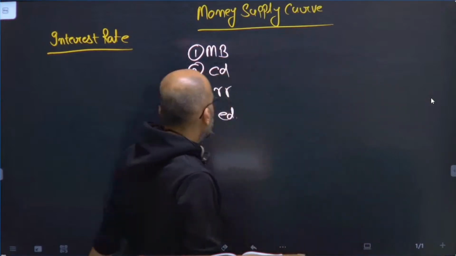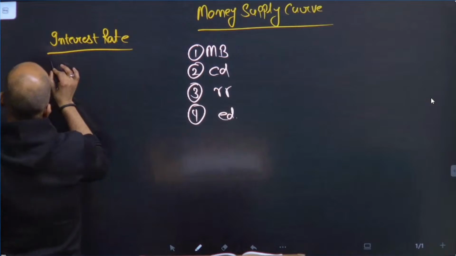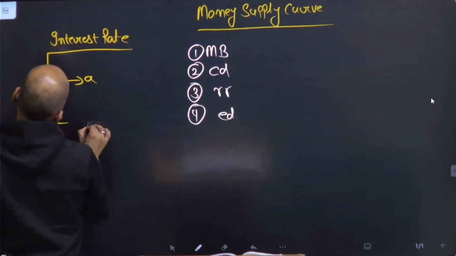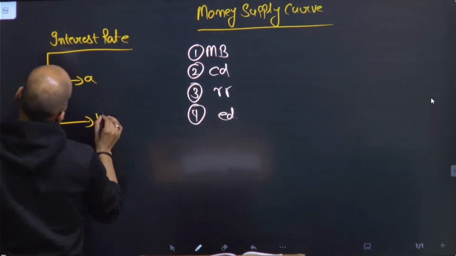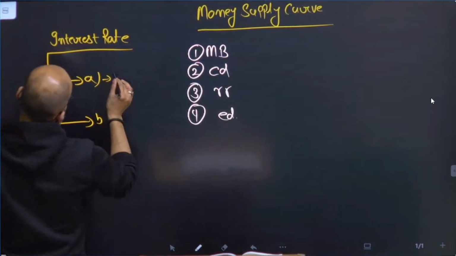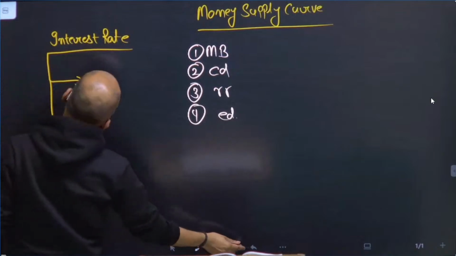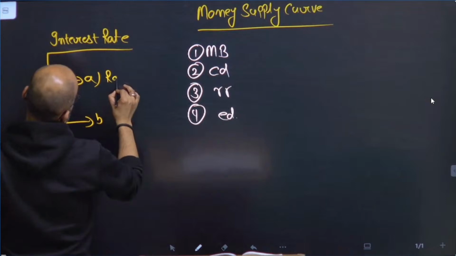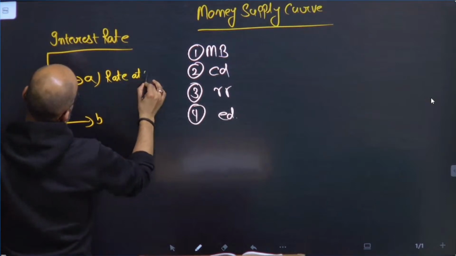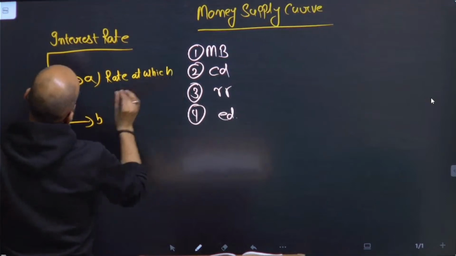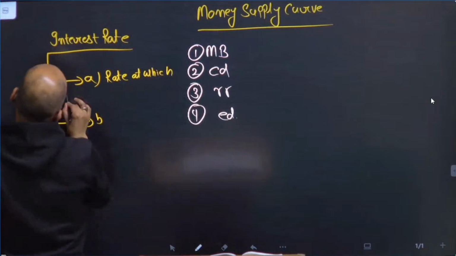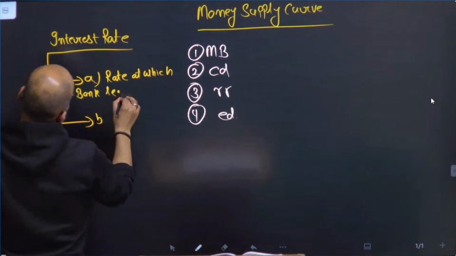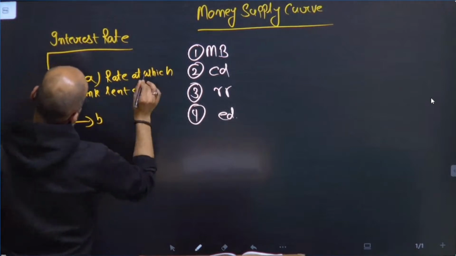See guys, interest rate comprises two components. One is, yes, what you people said, that it is the rate at which commercial banks lend out their money, right?